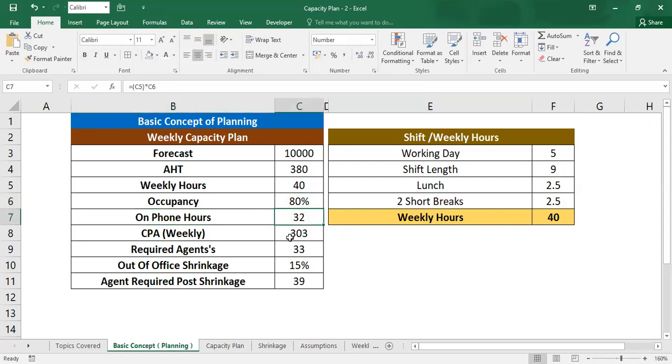Okay. And this is how I calculated the calls per agent weekly. It means one agent can handle 303 calls in a week. So you can see that this is the capacity of one agent.